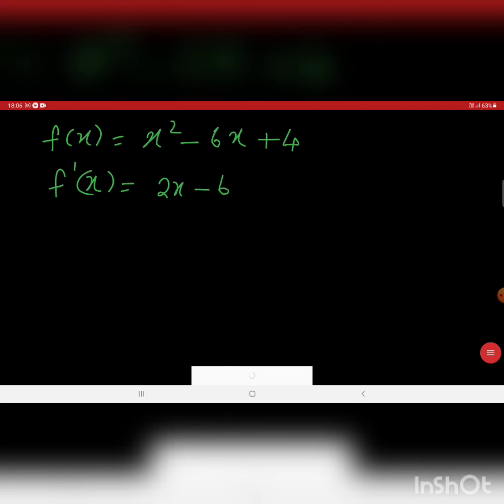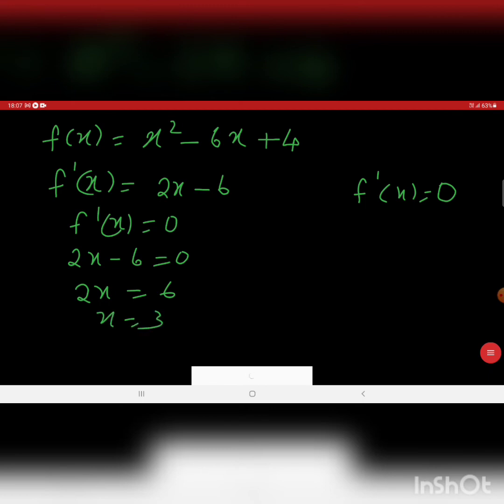Now we know the turning point means the point at which f dash x will be 0. So first we have to find the turning point. For that purpose, we have to equate f dash x to 0. That is 2x minus 6 equal to 0. So 2x equal to 6, so x equal to 3.